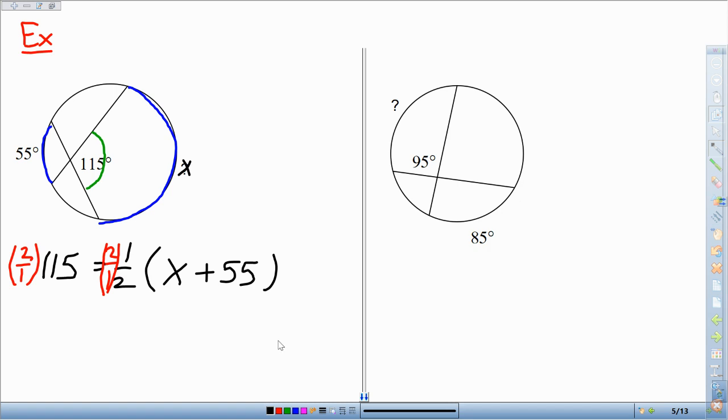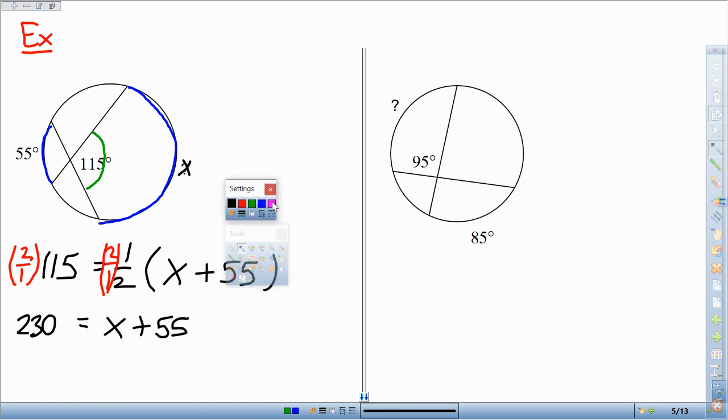So on the left, 2/1 is the same as 2. I'm multiplying by 2. So 115 times 2, I get 230. Equals over here, these fractions cancel out. They turn into an invisible 1, basically a 2/2, which disappears, and I'm left with just the x plus 55.